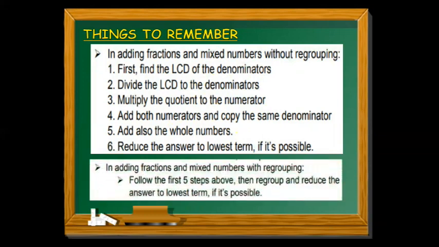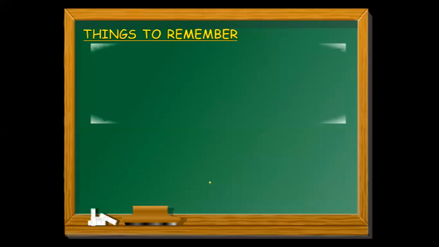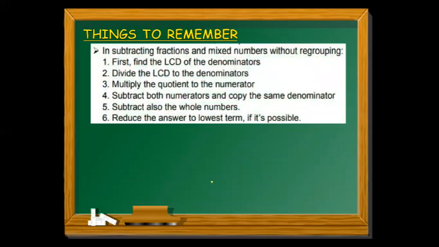And then in adding fraction in mixed numbers with the regrouping, follow the first 5 steps above. Sundin lang daw to. Then regroup and reduce the answers to the lowest term if it is possible. And then in subtracting fraction in mixed numbers without regrouping, same lang din siya. Isusubtract lang natin yung ating numerators. Okay? And then copy the denominator.